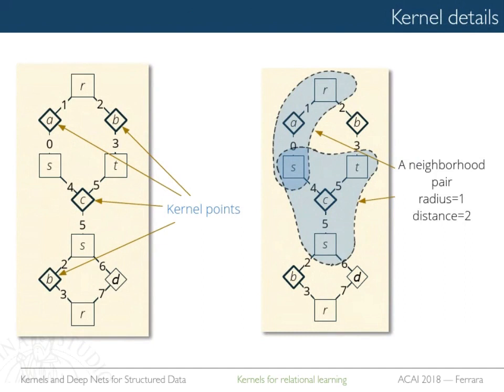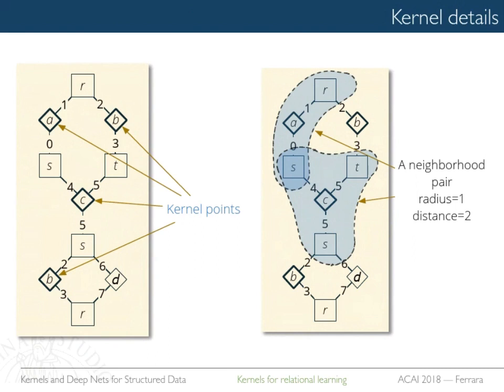But I can declare some special vertices in the graph to be kernel points, meaning that I will compute the balls only on the kernel points, not everywhere. This is to reduce the complexity and also to inform the system that some parts are more important than others.